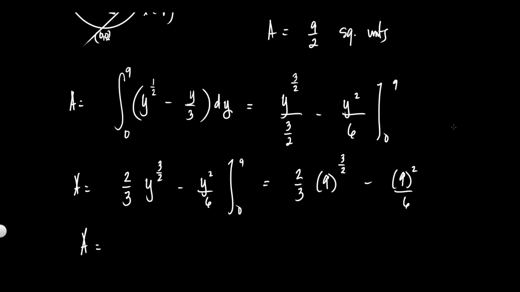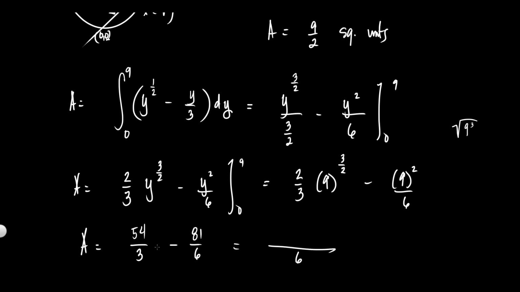The square root of 9 cubed: 9 square root of 9 squared is 9, then square root of 9 is 3. So 9 times 3 is 27, 27 times 2 is 54, 54 over 3. Minus, this one is 9 squared, 81, 81 over 6. Okay, sige.